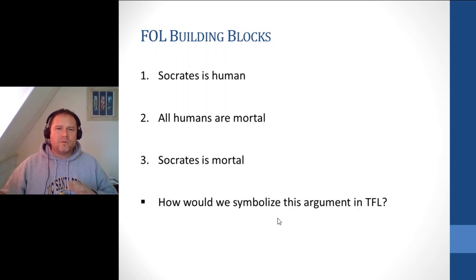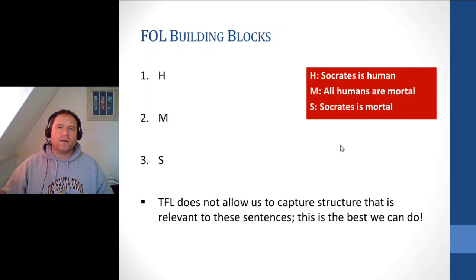But if we think about how we would symbolize this argument in TFL, we see a problem. Here we've got our symbolization key, and here we've symbolized each of our premises and our conclusion. But this argument isn't going to work if we just look at TFL. These two sentences don't tautologically entail this sentence because we can simply assign truth to these two and falsity to this one.